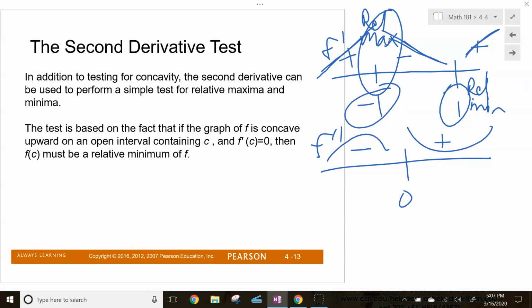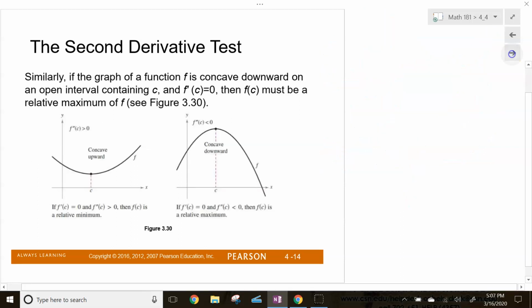So f double prime of -1, and I see that at -1, it's concave down. So if the function's concave down, I have to have a max on the actual function. And then if I plug in this other critical point into the second derivative, I know it's concave up. If f double prime of 1 is positive, that's got to be a minimum. So I just like to run both the first and second derivative and do it all at one time.